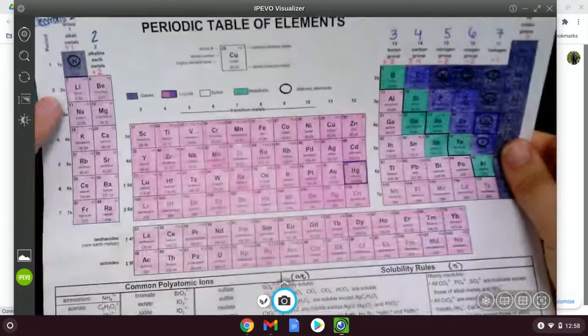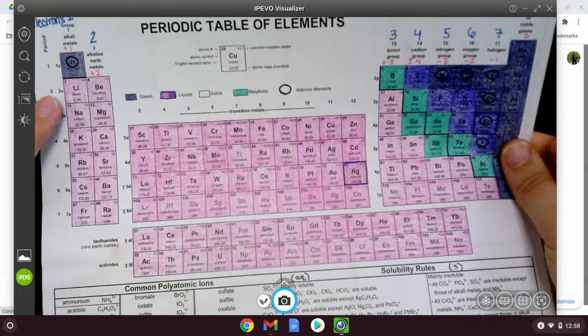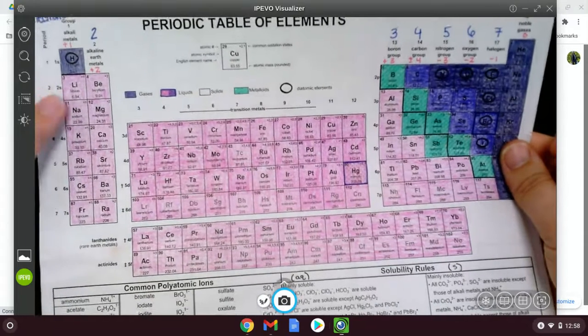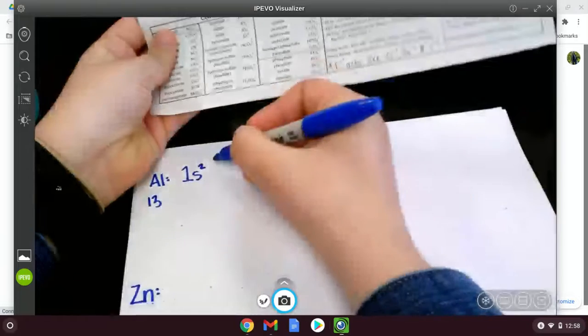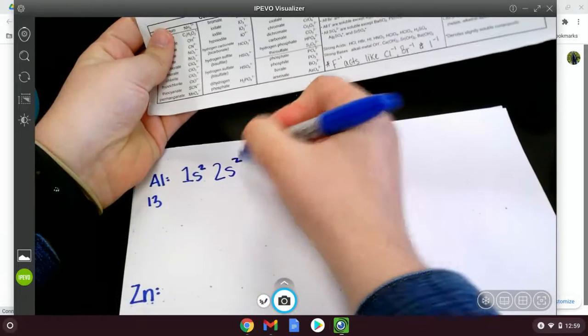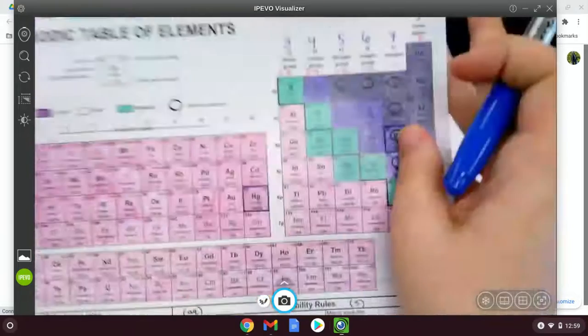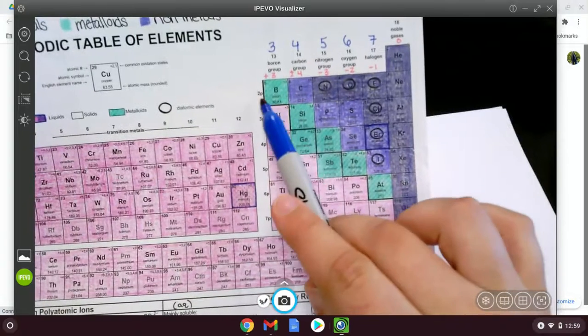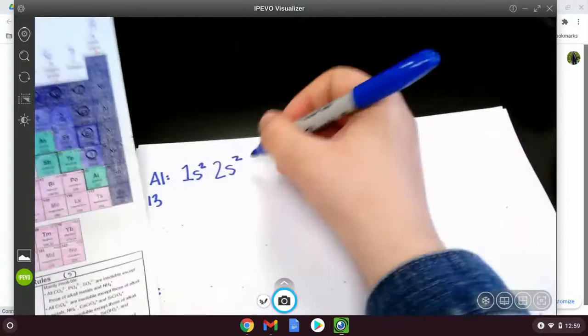Then we're going to go down to lithium, which is in the second energy level in the S block. So we have 2s2. And we're going to keep going all the way over to number 5 for boron. So we have 2p6.